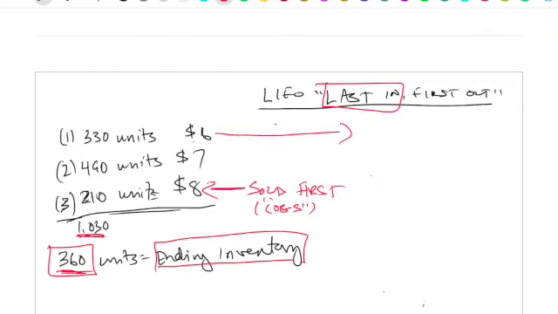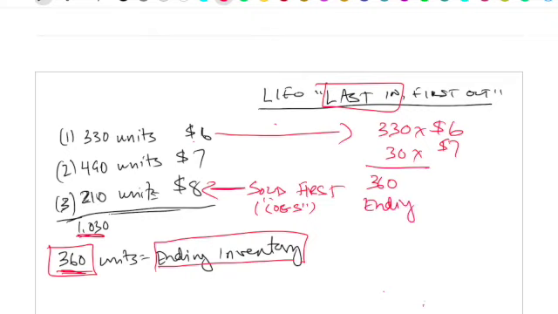Now the math here is a little bit easier. If we assume that we have 360 units at the end, then that means 330 are at the $6 price point, and the math is fairly easy here. That means we need another 30 units at the $7 price point. This adds up to 360 of ending inventory, and let's compute this.